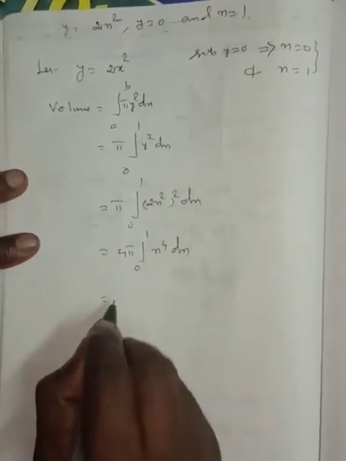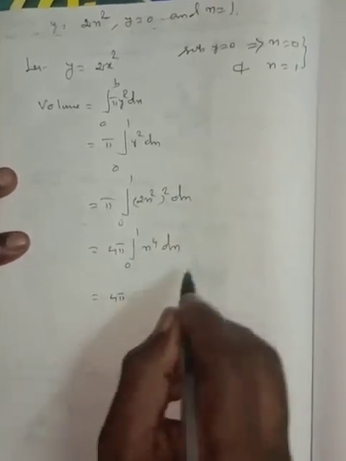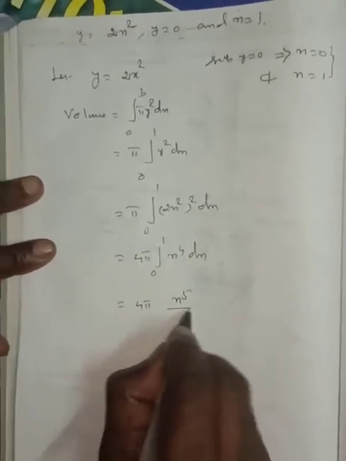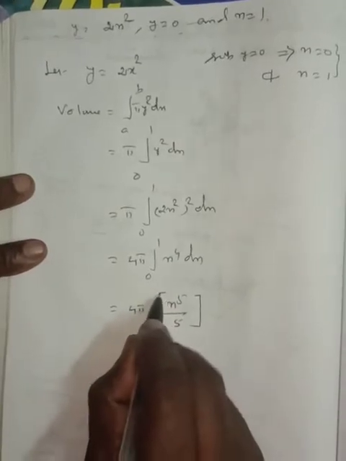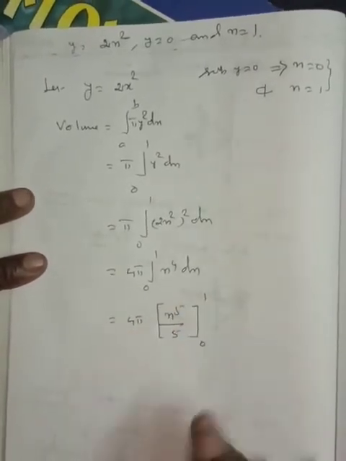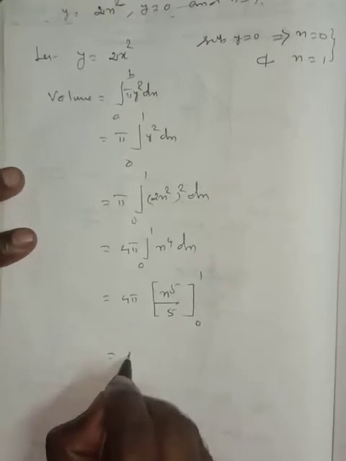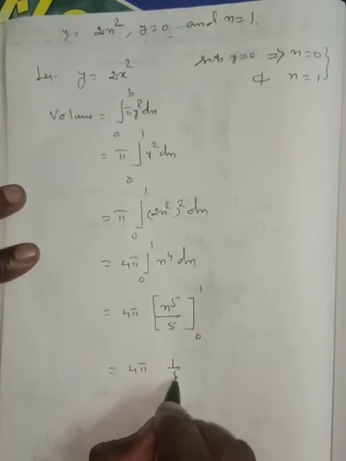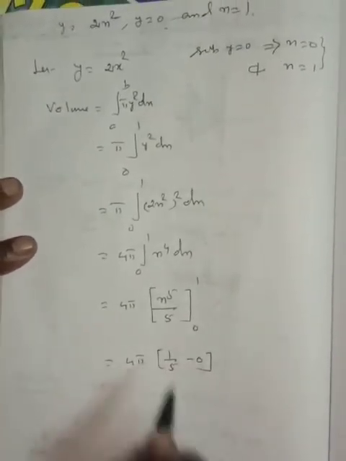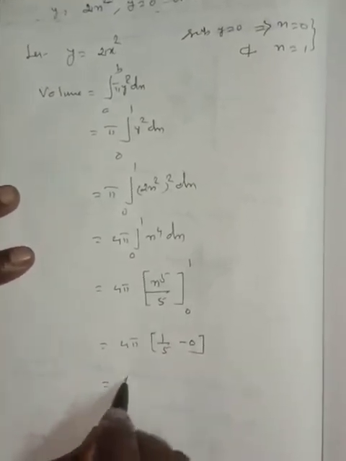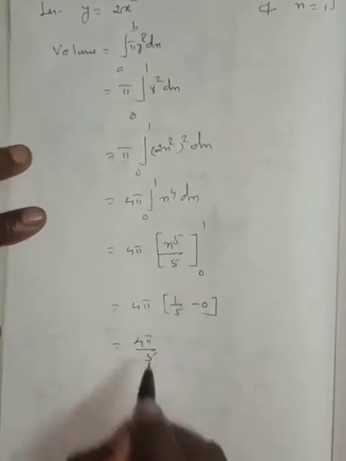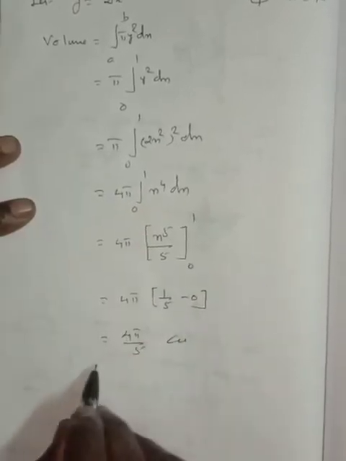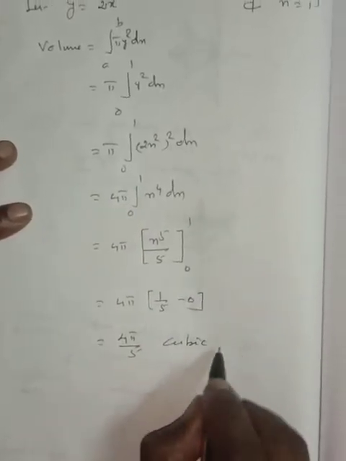Next line, 4 pi into integral of x power 4 dx is x power 5 divided by 5, taken over limit 0 to 1. Next line, 4 pi, apply upper limit, 1 by 5 minus 0. Therefore 4 pi divided by 5 cubic units. Why? Volume is given, that volume is wanted. Therefore cubic units.